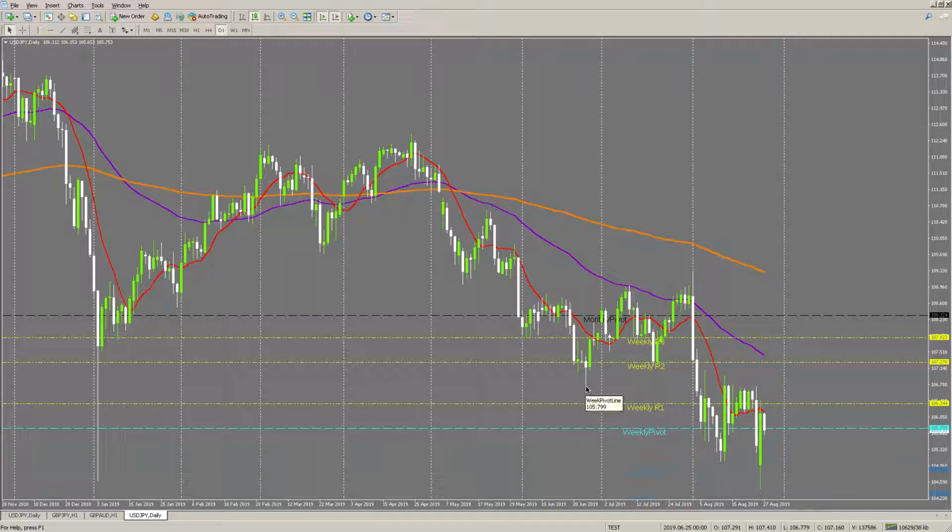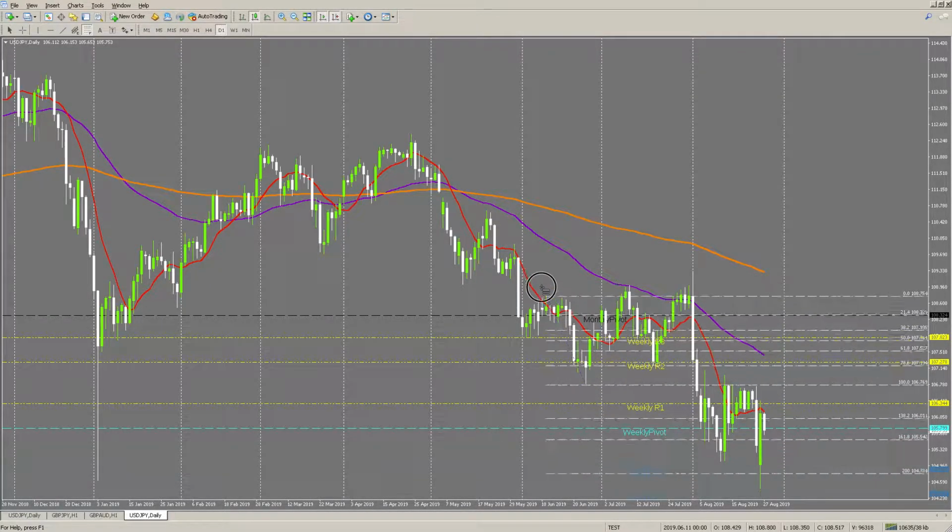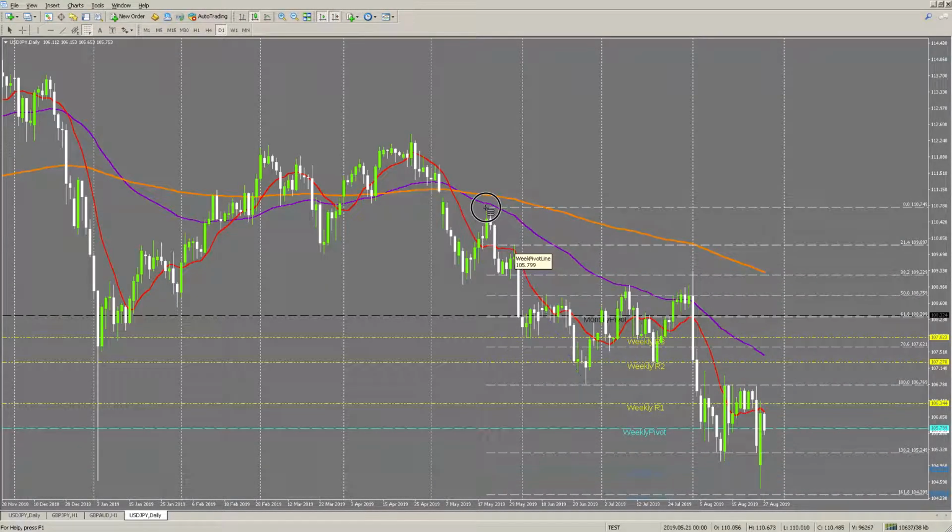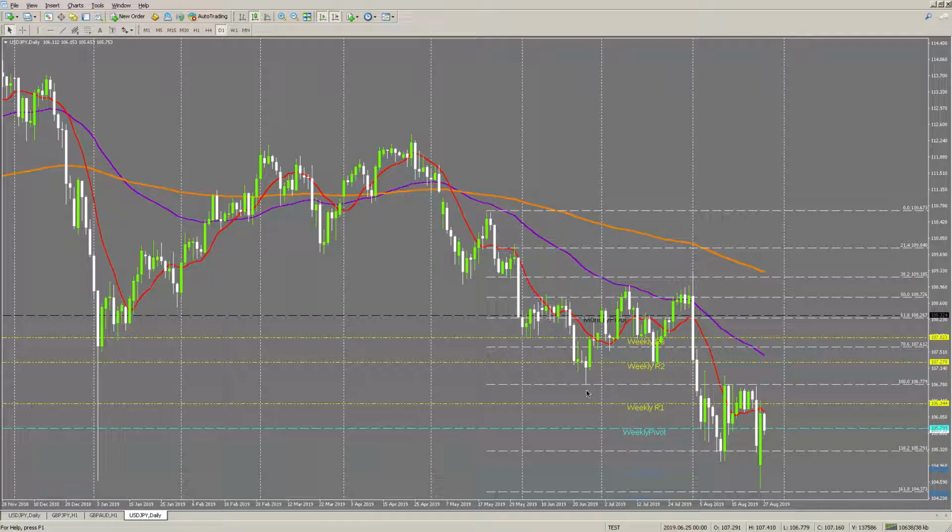Not sure whether it can get all the way back up to weekly R2, but just to retest the recent highs. There's a previous swing low here which we can set our Fibonacci, a bearish extension, bearish continuation move where it almost hit the 162 Fibonacci extension level. So that previous swing low is going to be resistance. We can mark that here.